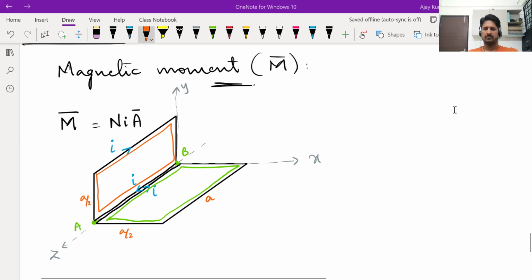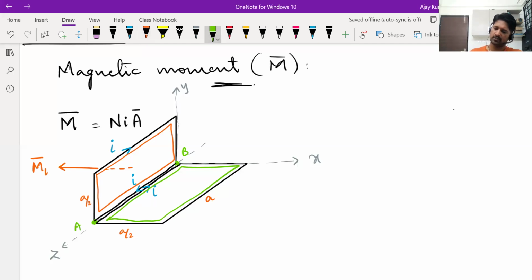To the left. To the left, correct. Good. And to the left means in the negative x direction. For this coordinate system, left is the negative x direction. So the magnetic moment of that orange part is this way. Let's call that M1.